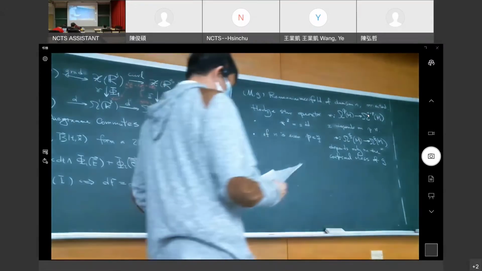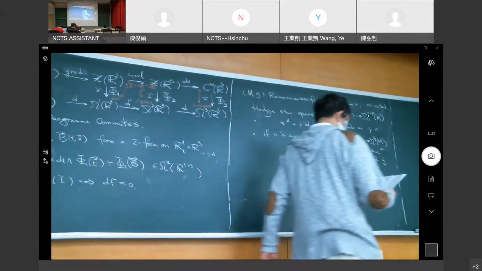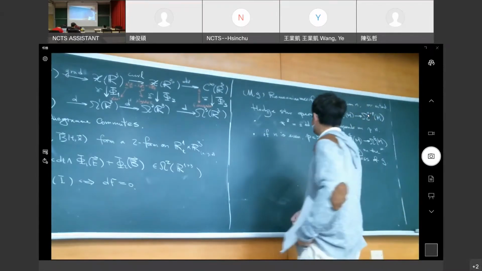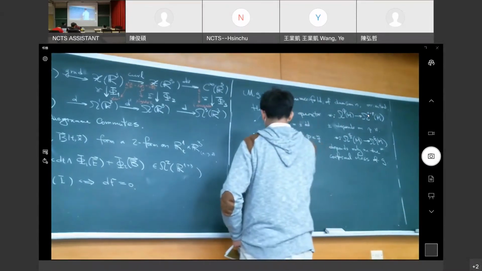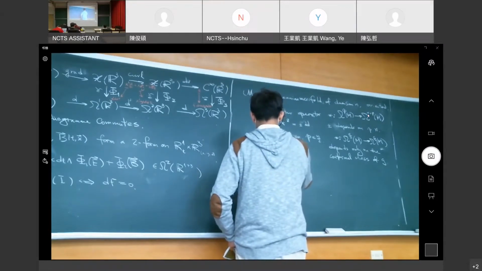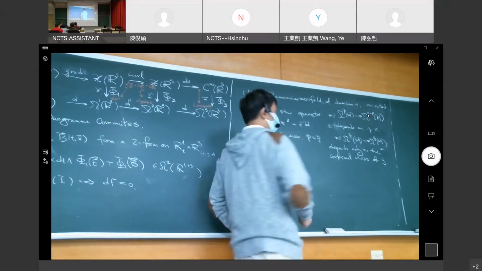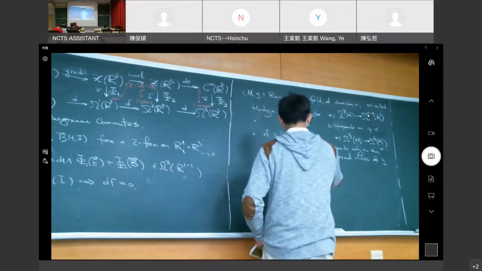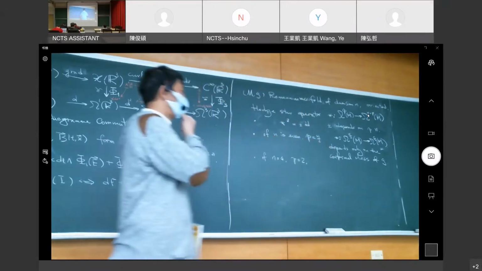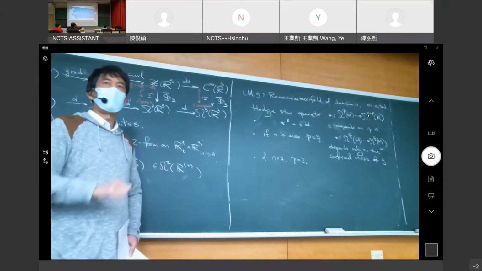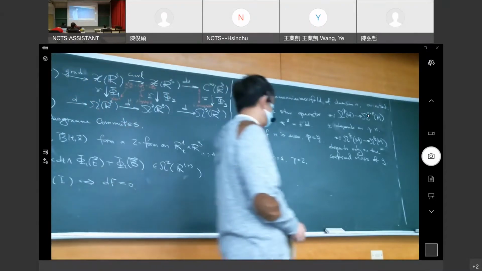And now let's look at the simple situation that we are actually going to use. If n is equal to 4, namely we are looking at a 4-dimensional manifold, and p is the middle dimension, p equal to 2, then since n and p are completely fixed, the sign is fixed.